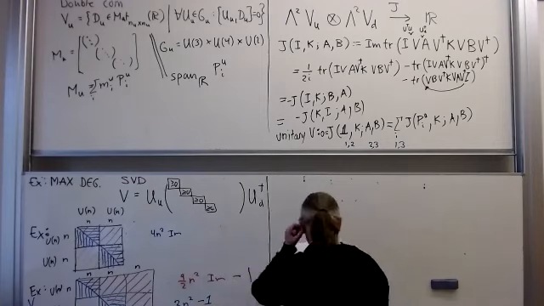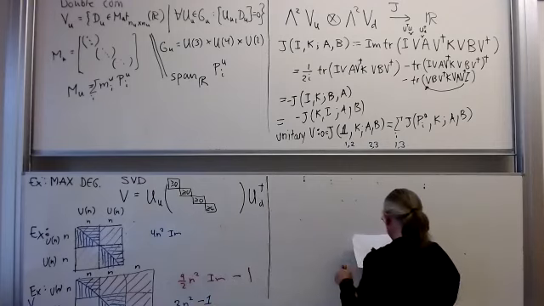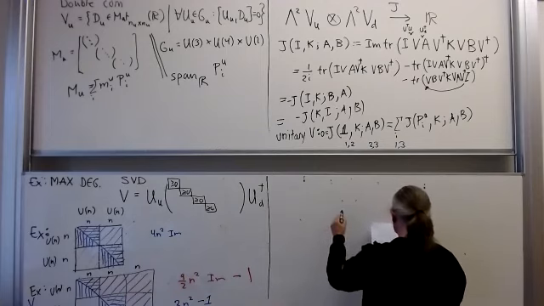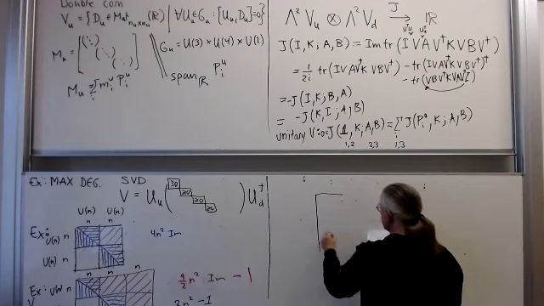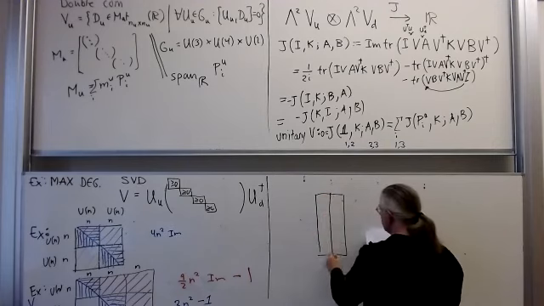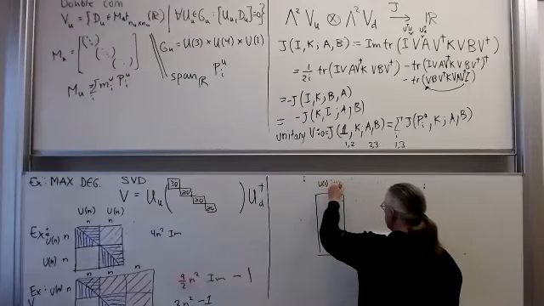So let's look at the rectangular case where, let's say, we only have 2 non-degenerate down here. So we have a U1 here and a U1 here.